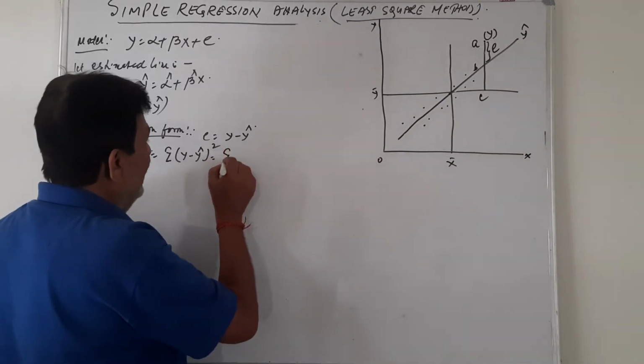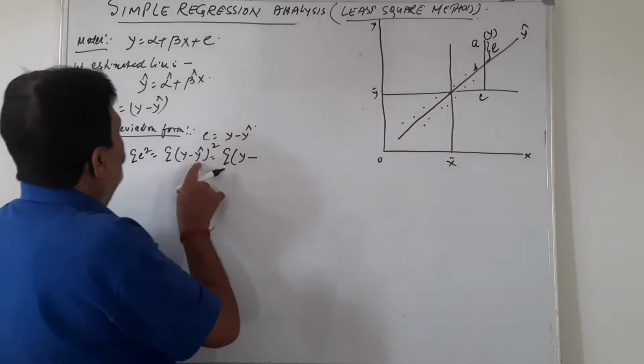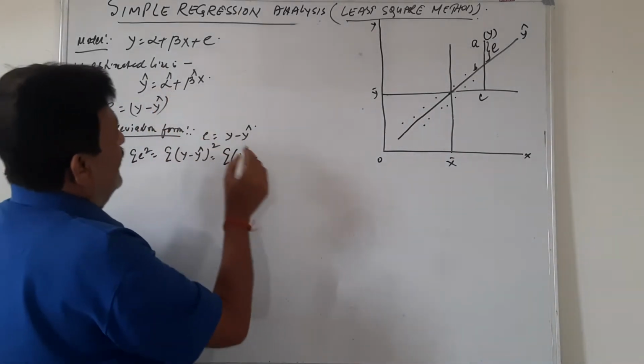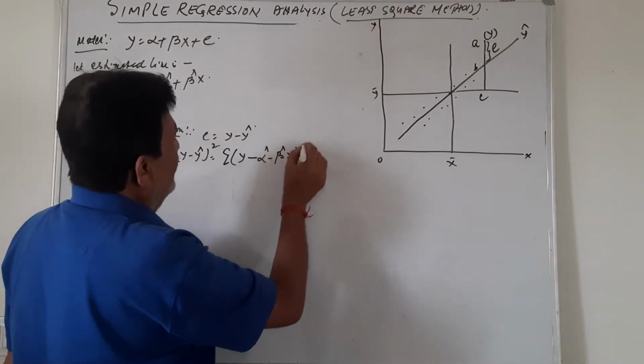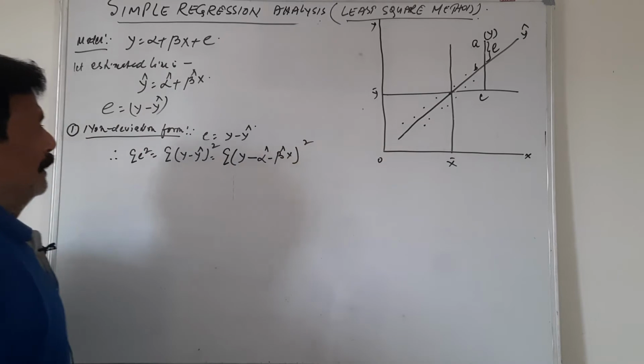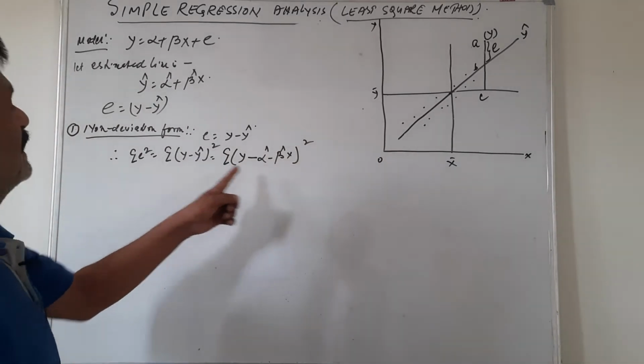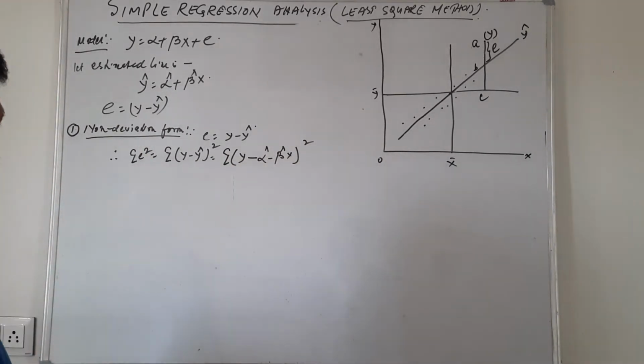This could be written as y cap is alpha cap plus beta cap x, so summation (y minus alpha cap minus beta cap x) square. So this summation E square is to be minimized with the help of calculus.